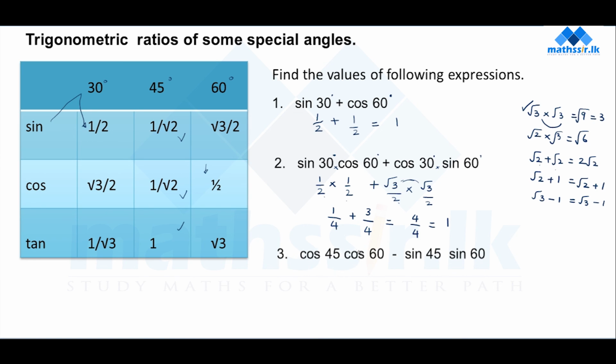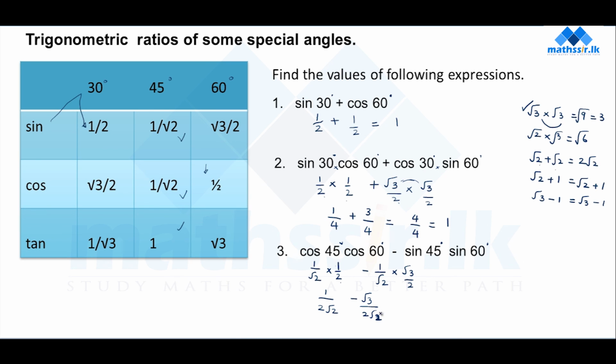Third one, cos 45 cos 60 minus sin 45 sin 60. Cos 45, 1 over root 2, cos 60 half, minus 1 over root 2 into sin 60 root 3 over 2. 1 into 1, 1. 2 into root 2, 2 root 2, minus 1 into root 3, 2 root 2.